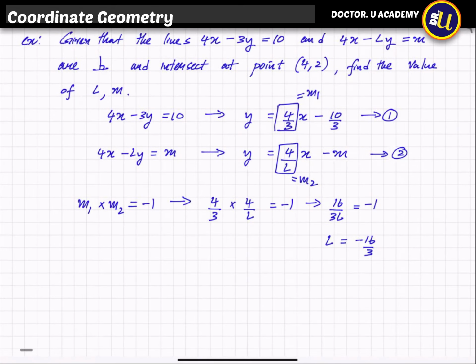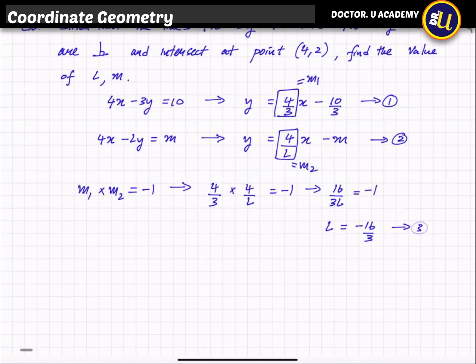Now in this question we found the l value. So l is -16 divided by 3. Let me consider that as my third equation. So y would be 4 divided by, now I'm going to substitute for l, -16 divided by 3, so -16 divided by 3 x minus m.